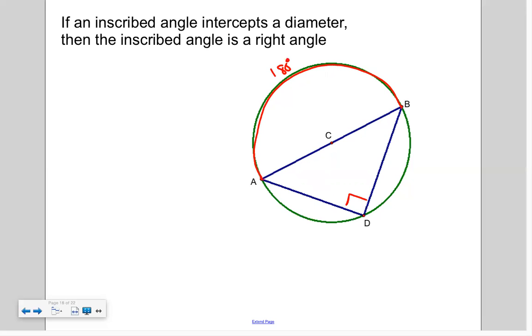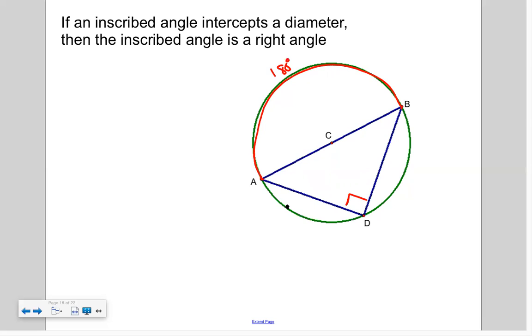And these points where they intercept make this an inscribed angle, which is half that measure, so it's 90 degrees. What I like about this is it doesn't matter where I draw point D along this half of the circle, it will always make a right angle.